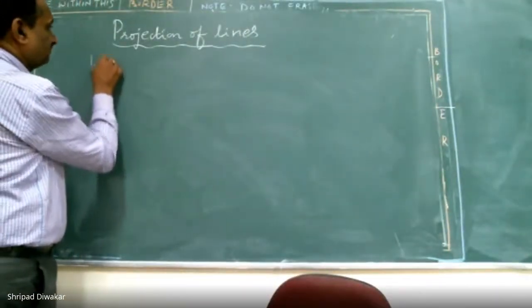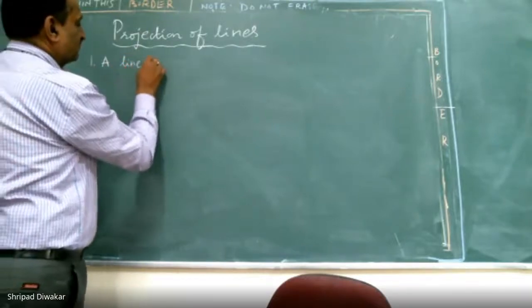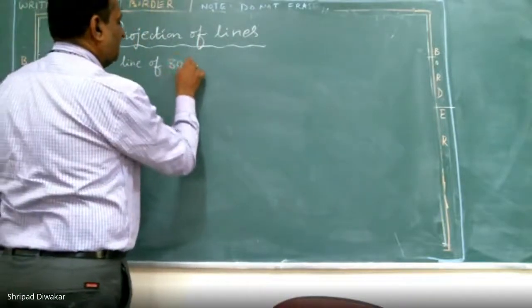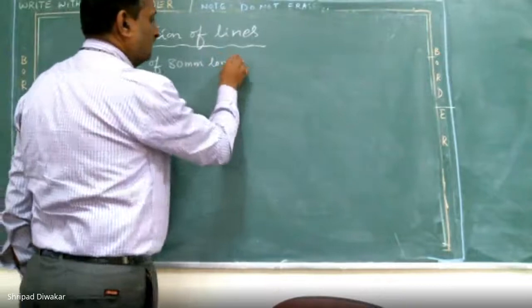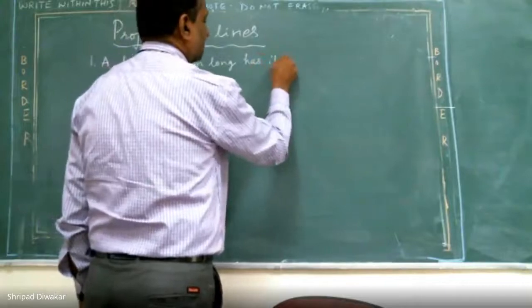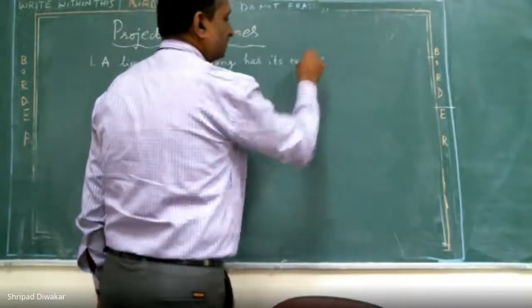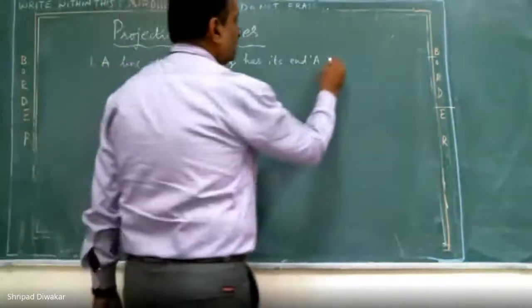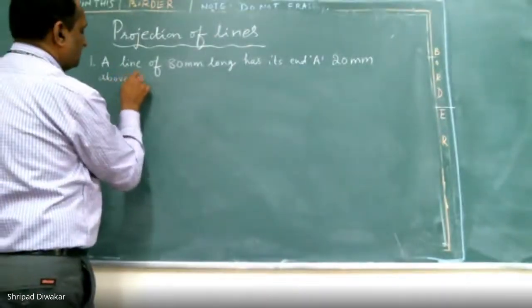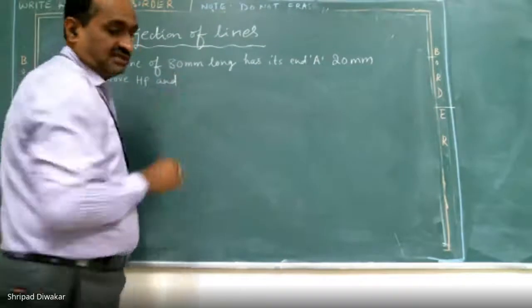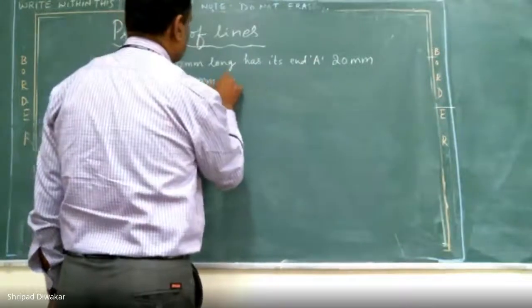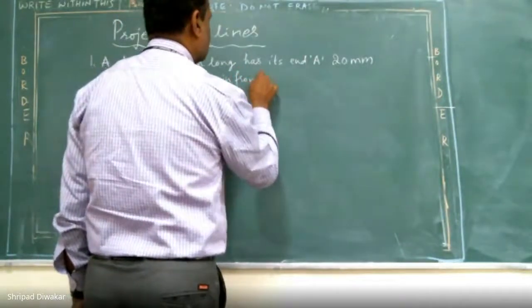First problem: a line of 80 mm length, 80 mm long, has its end A 20 mm above HP, and 30 mm in front of VP.